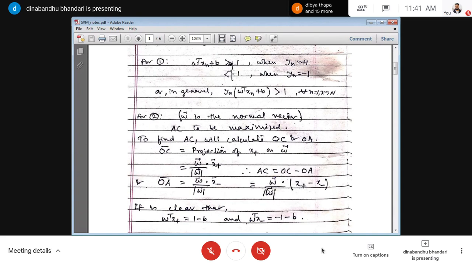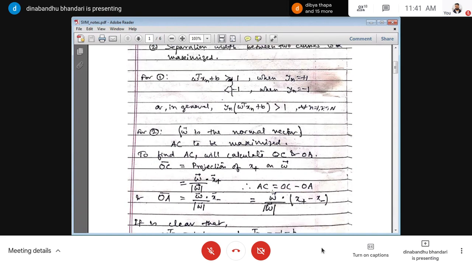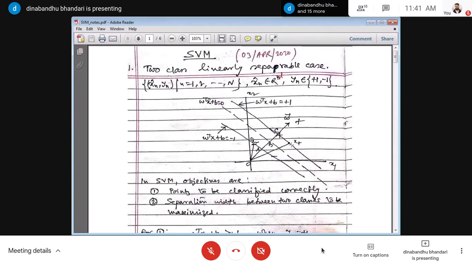Now, you see that x plus is a point on which line? This line, right? So it will satisfy W transpose x plus B equal to 1. And x minus will satisfy this equation, W transpose x minus plus B equal to minus 1.